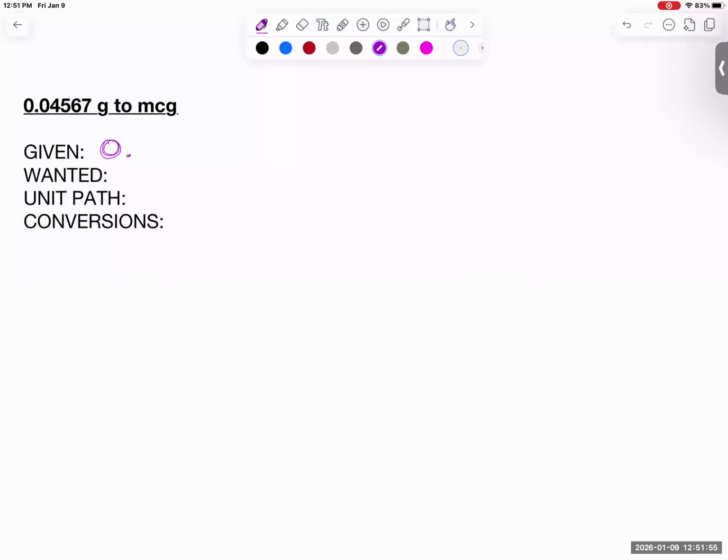So 0.04567 grams. My wanted is micrograms. So what's my unit path? I have to go grams to milligrams to micrograms. Yes, this is great. So how am I going to do that? What are all these conversions?